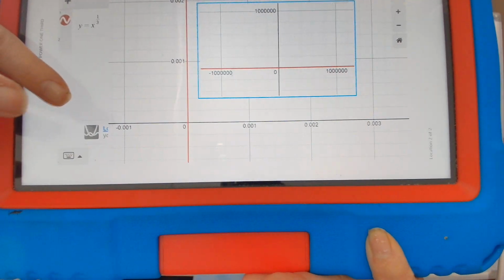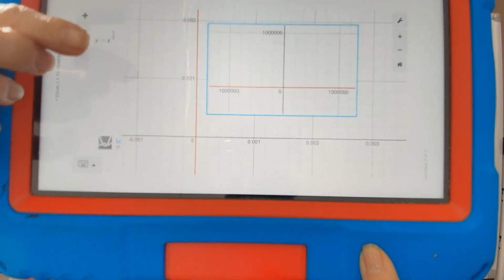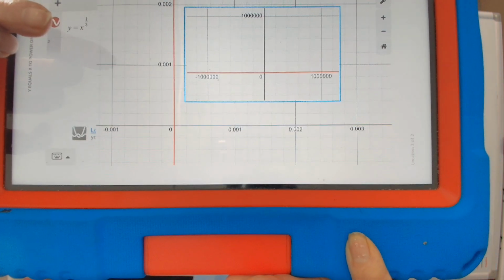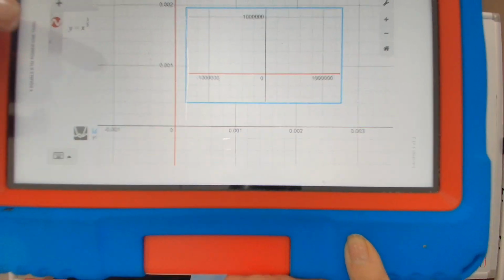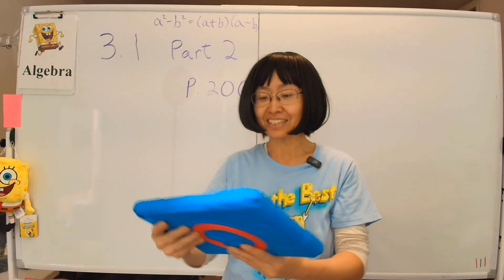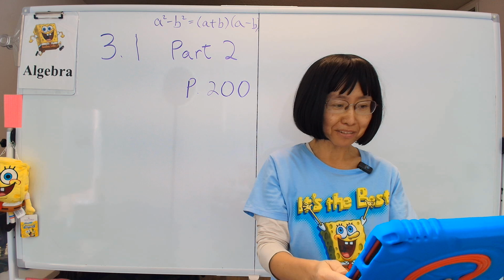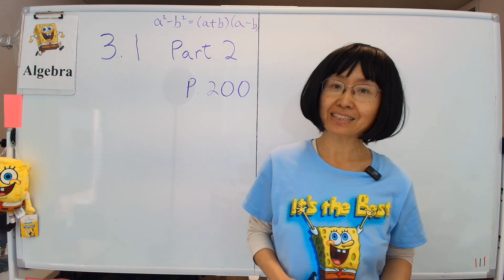This is from negative 0.001 to positive, and on the other hand, if you zoom out to 1,000,000 in both directions, then the whole thing just looks like a horizontal line. You can't see the difference, which I thought was very interesting. I've never done this before, and I was not aware of this fact, so I thought it's really cool. And with that, that should mark the end of this section.